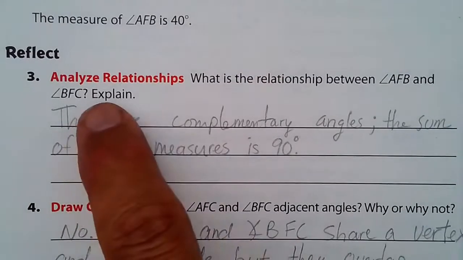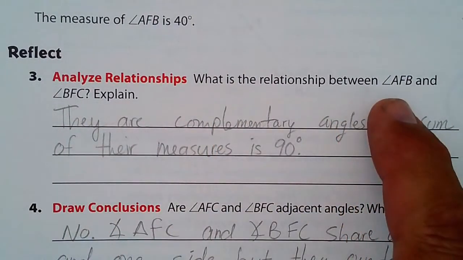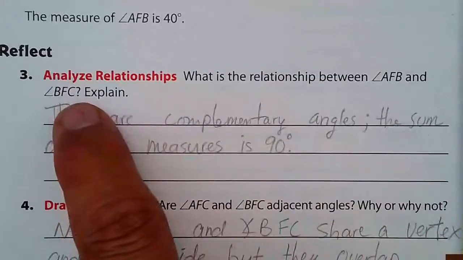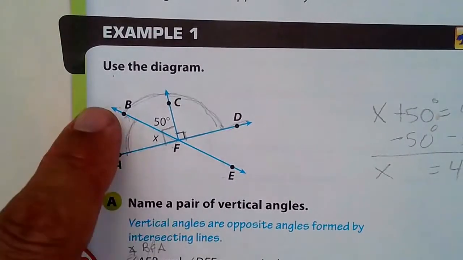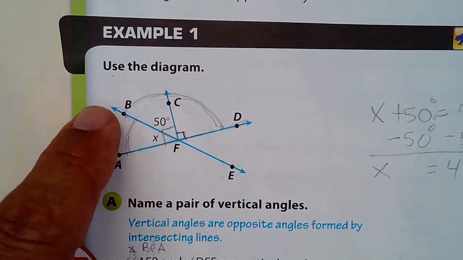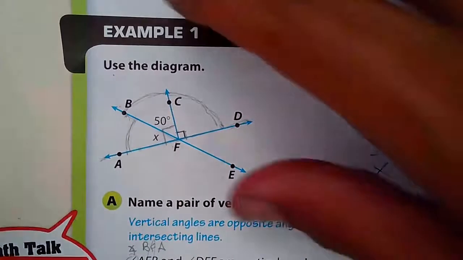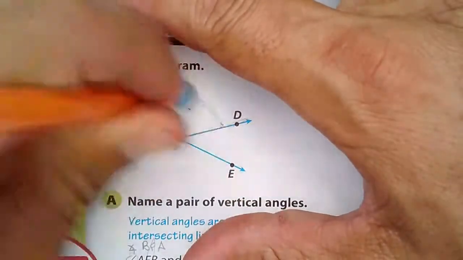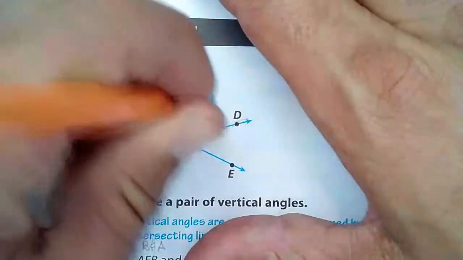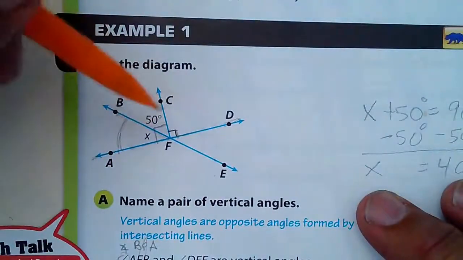Okay, analyze relationships. What is the relationship between angle AFB and BFC? Explain. So AFB, let's bring this over. AFB, and BFC. So what is this relationship between these 2 angles right here?